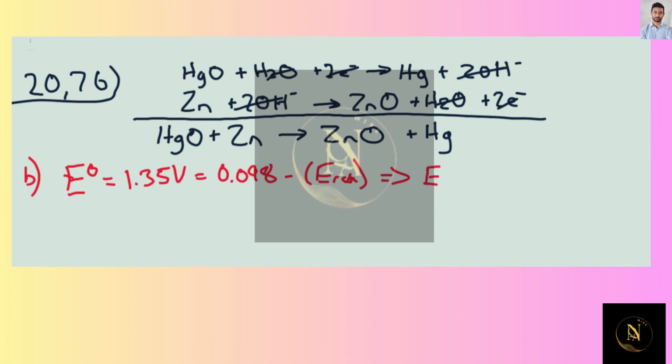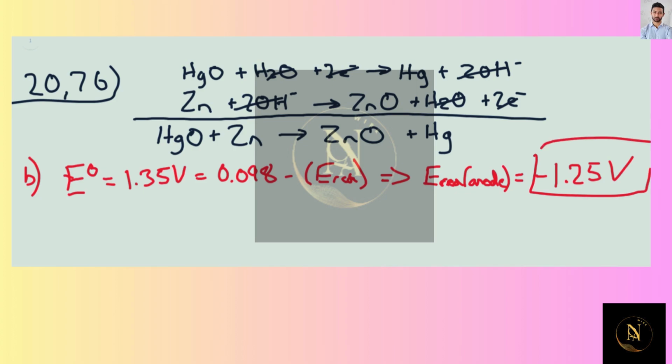So we solve for the reduction potential at the anode. We subtract 0.098 from both sides, and we get a value of negative 1.25 volts for this anode reduction potential.